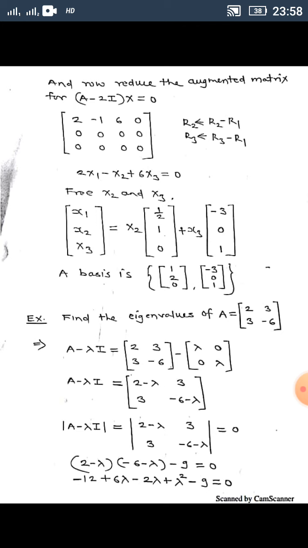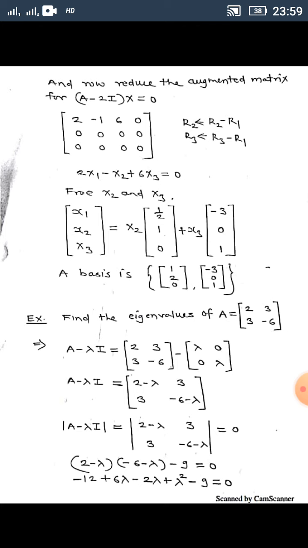So we get the vectors (1/2, 1, 0) as the first vector and (-3, 0, 1) as the second vector. Now here 1/2 is a fraction. We can remove that fraction by multiplying all the column elements by 2. 2 into 1/2 is 1, 2 into 1 is 2, 0 into 2 is 0. So (1, 2, 0) is a fraction-free vector.